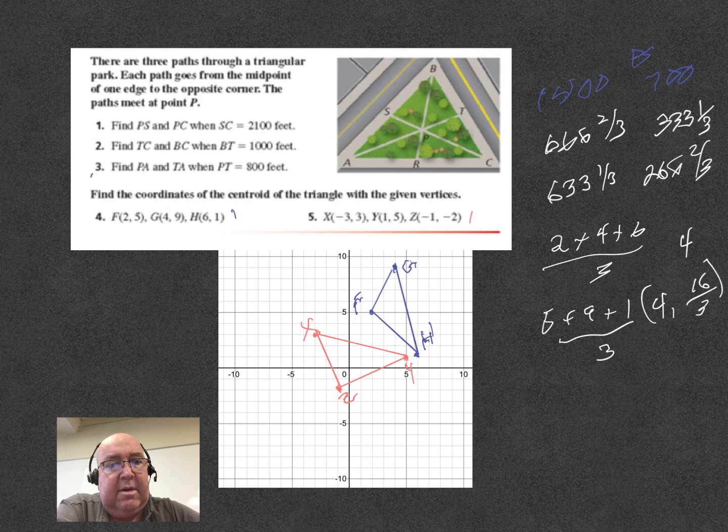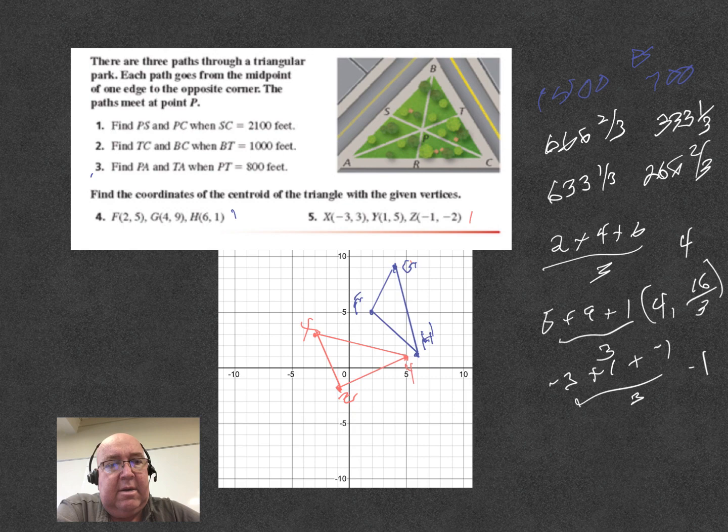Doing the same thing for the red triangle, we have -3 plus 1 plus -1, which is -3, divide by 3, we're going to get -1 for our x value.